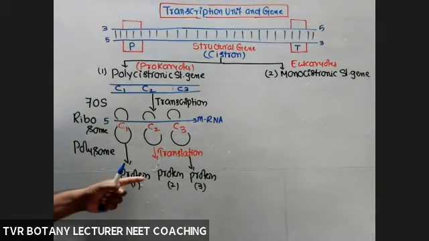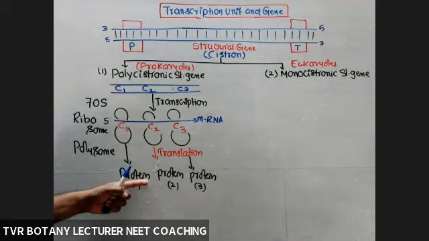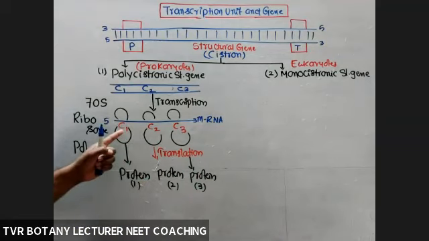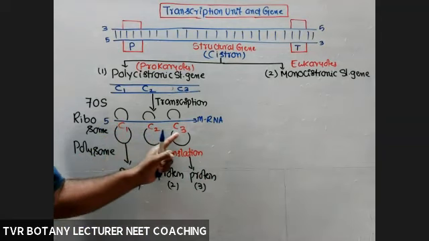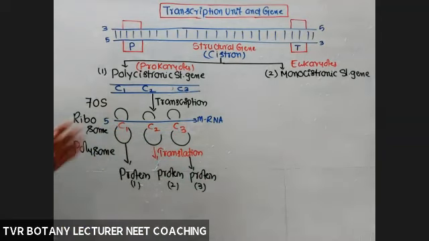The number of proteins produced from this polysome is equal to the number of cistrons or the number of ribosomes. So that is about a polycistronic structural gene.